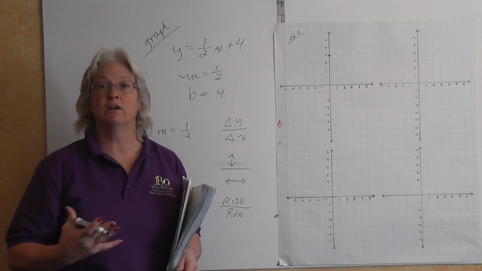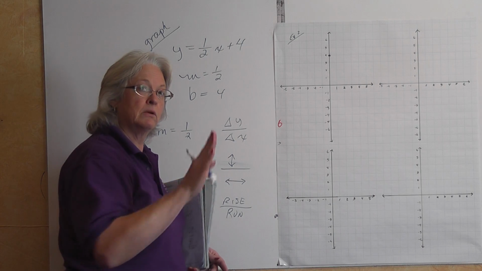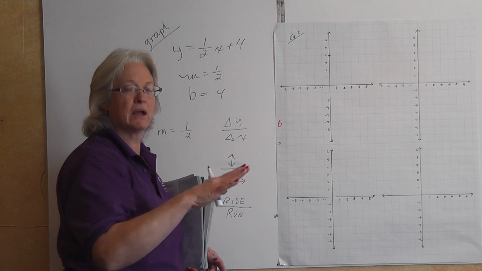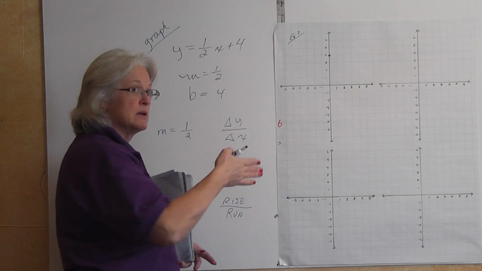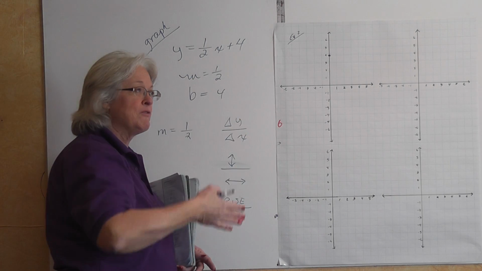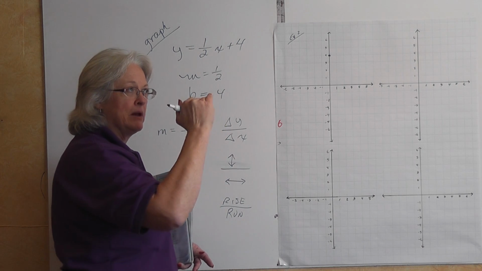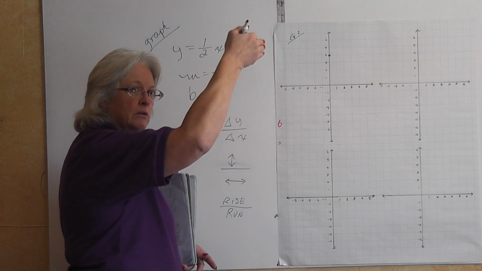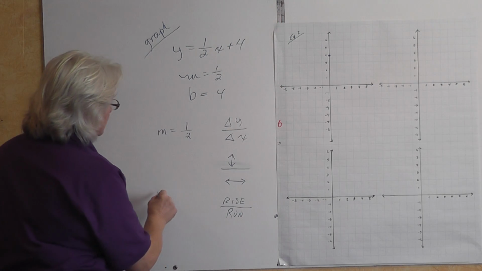And rise over run is used constantly in carpentry, particularly when you're laying out stairs, or when you're working on the slope of a roof. The rise is the change up and down. How far does something travel in a vertical way for every particular amount of travel in a horizontal way?